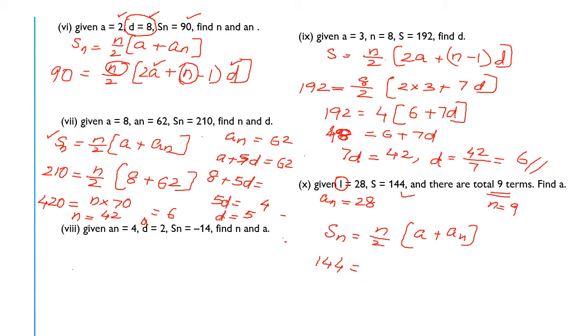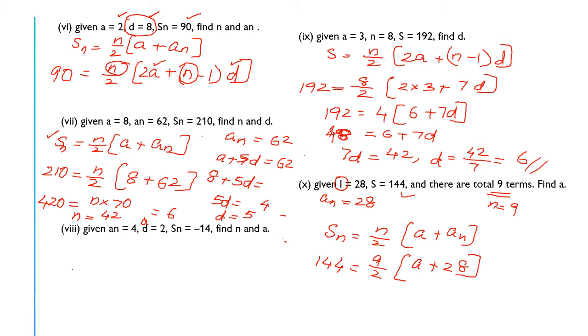N is equal to 9 is given, so 144 equals 9 by 2 into A plus 28. A we don't know. When you take it to the other side, what do you get? 288 divided by 9.